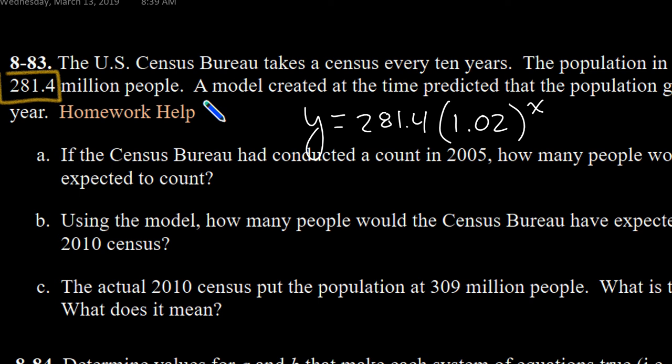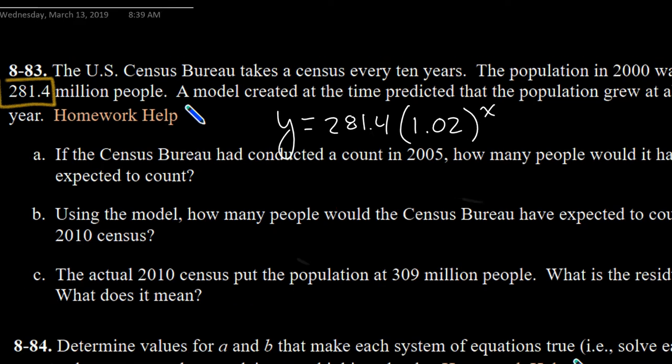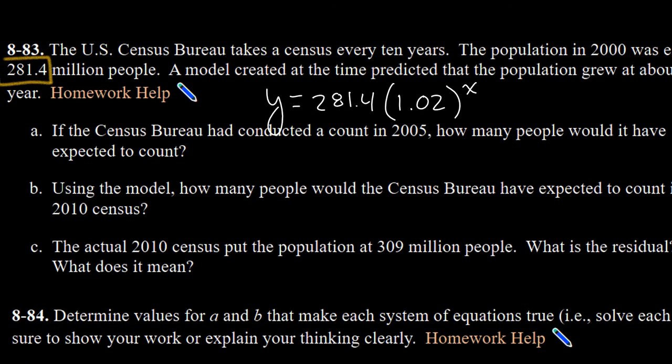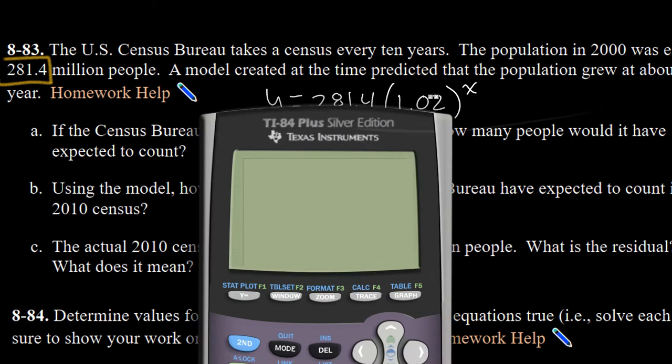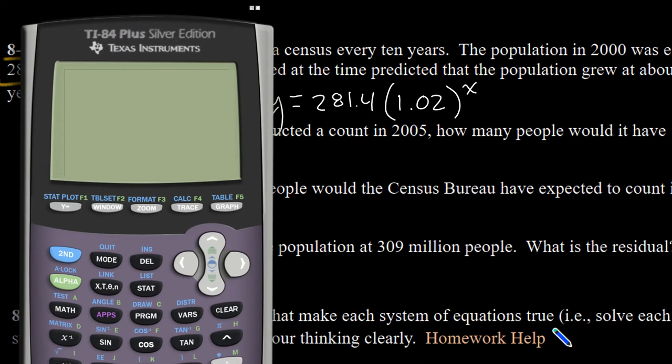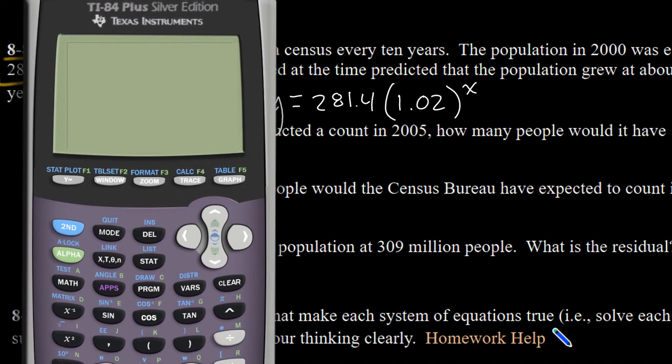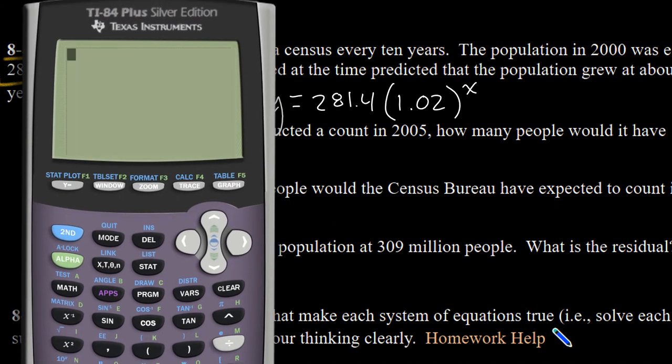If the Census Bureau had conducted a count in 2005, how many people would it have expected? So if it went out and did another census, how many people would it expect? Well, to answer that question, we're going to use our model. Let me turn on the calculator.